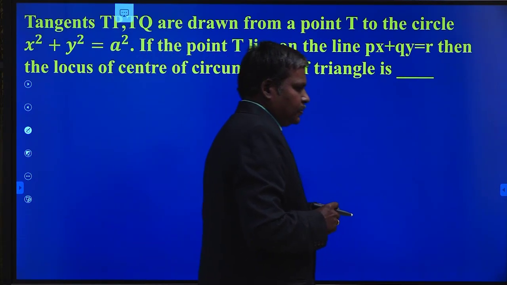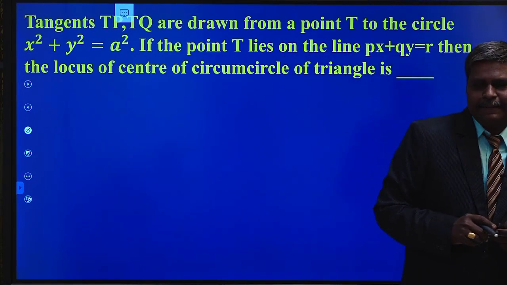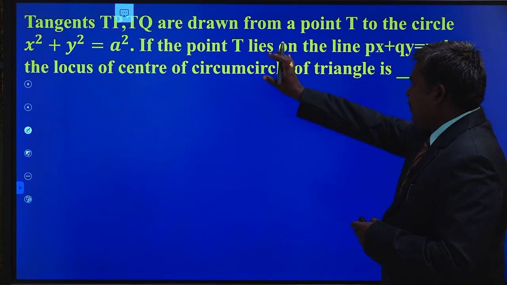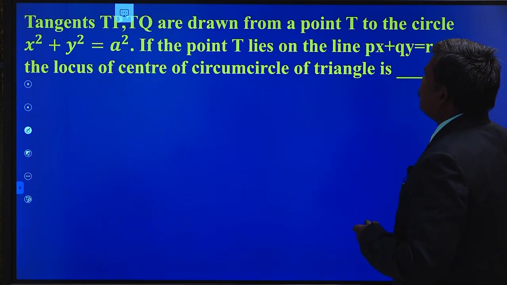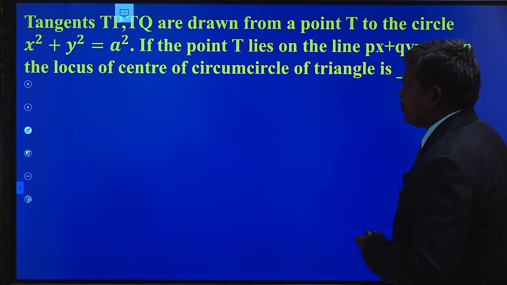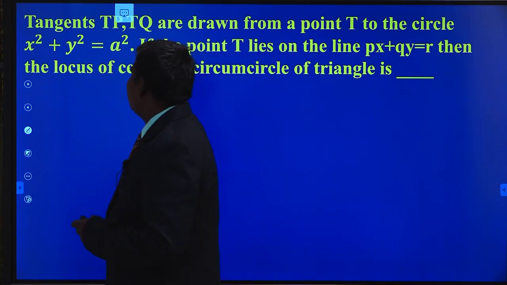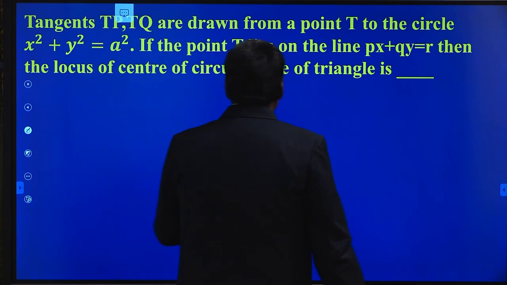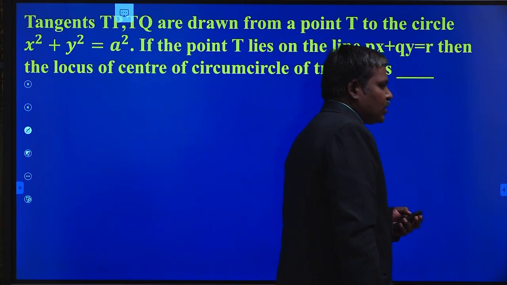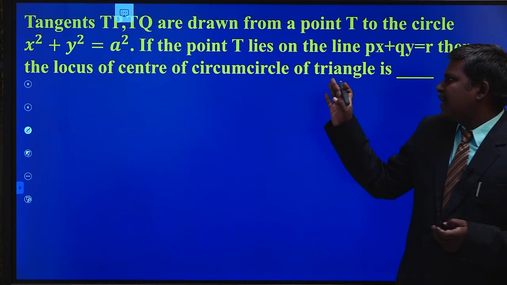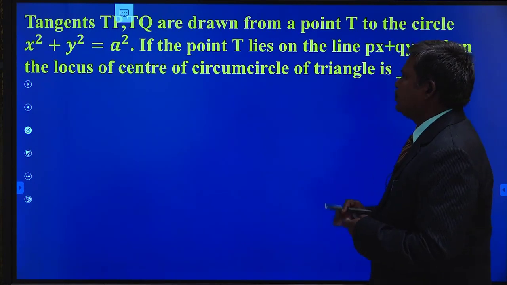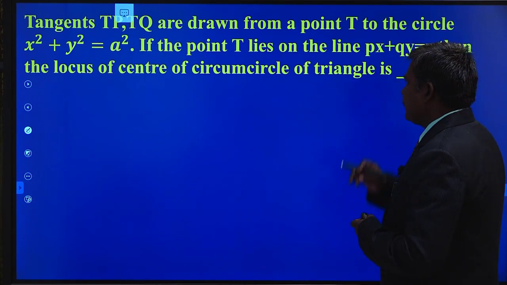See this question. Read thoroughly and carefully. Tangents TP and TQ are drawn from a point T to the circle x² + y² = a². We mean a pair of tangents are drawn from T to the circle x² + y² = a². The points of contact are P, Q. That is the meaning up to now.